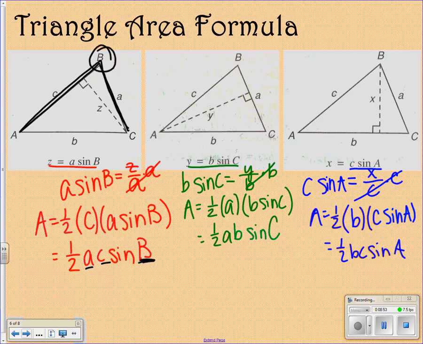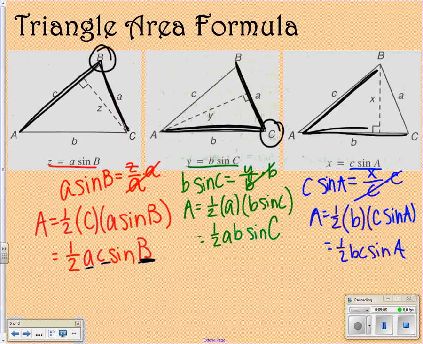Looking at the other one, 1/2 A times B, those are your 2 sides, and the sine of angle C, because that's the angle included in those 2 sides. Looking at the last one, 1/2 B times C, and then times the sine of angle A. So that would be the formula there.